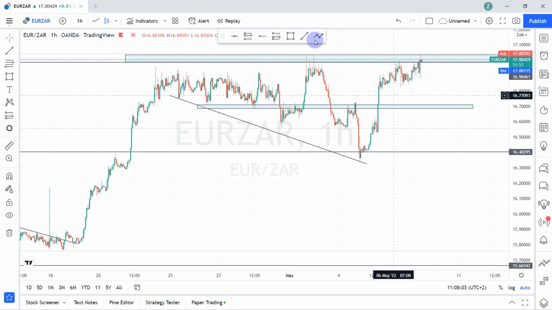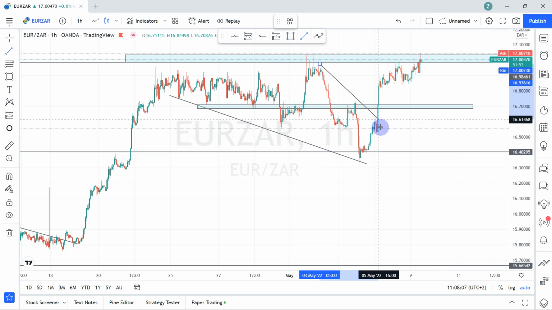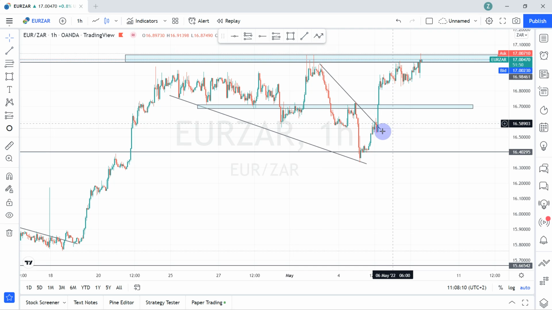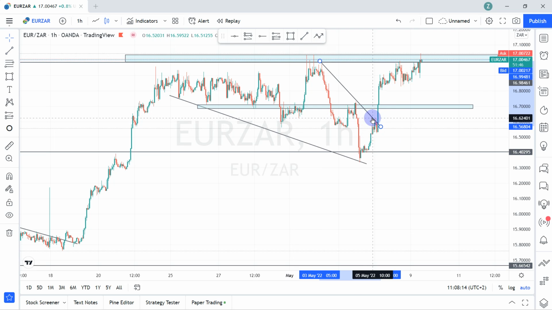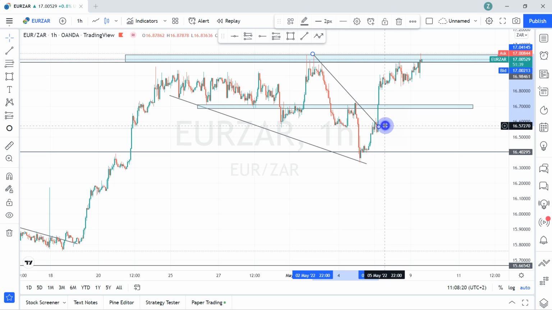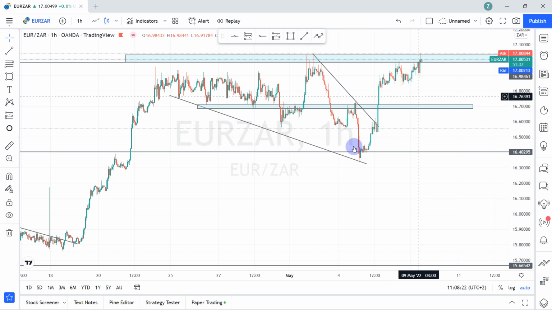So also here, as you can see, look at this, the market had to give me sells, then actually buys, hence it had to give me a breakout and a test on this downward trend.